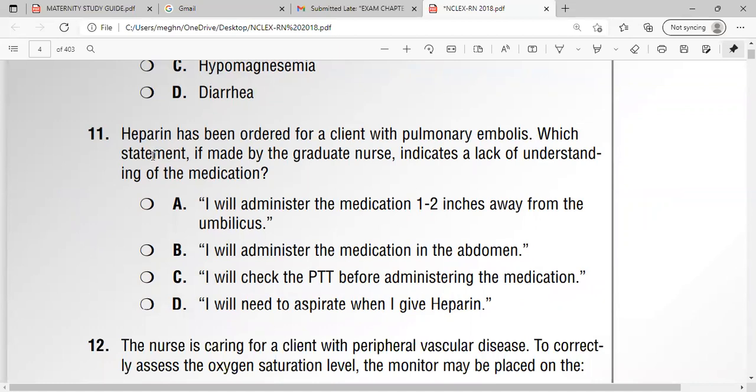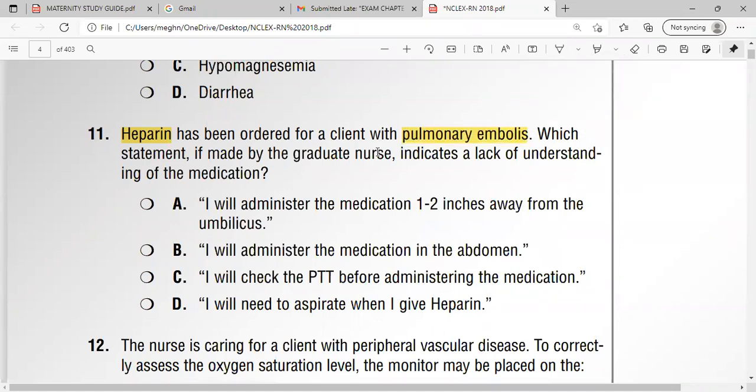Question 11. Heparin has been ordered for a client with a pulmonary embolus. Which statement made by the graduate nurse indicates a lack of understanding of the medication? Heparin is an anticoagulant we use for pulmonary embolism to prevent clot formation.